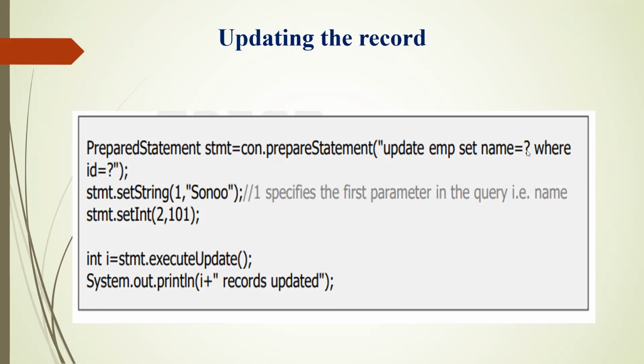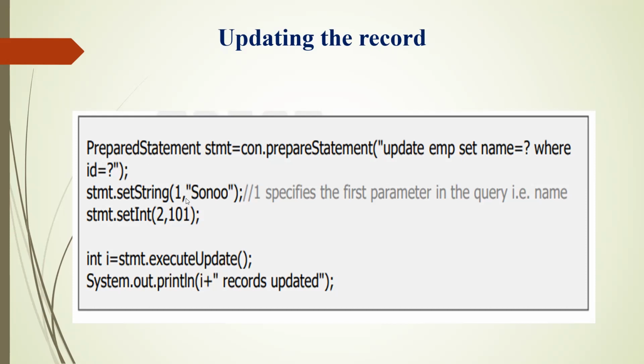So in a prepared statement, parameters will be question marks. After the prepared statement is ready, statement.setString(1, ...) for the new input we have to give: in the first column, Sonu will be updated. In the second column, 101 should be taken. Using 101, that particular record will be taken, and in that record, Sonu will replace the name.